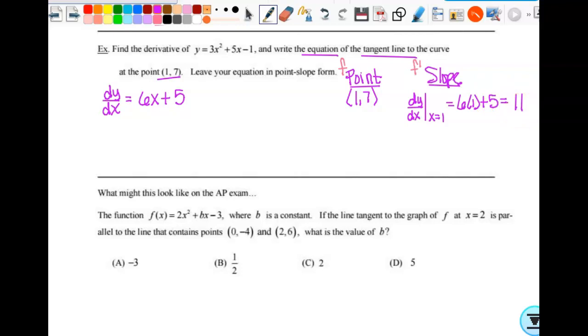And then is it fairly simple to write the equation from there? Yes. I get y minus what? 7 equals 11 times x minus 1. And there we go. Okay. What questions you got?